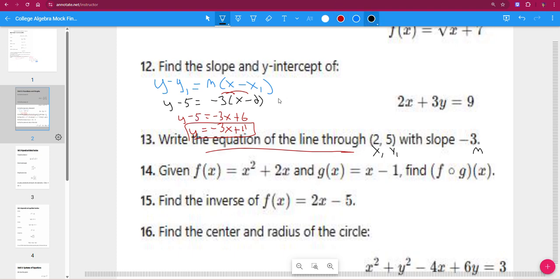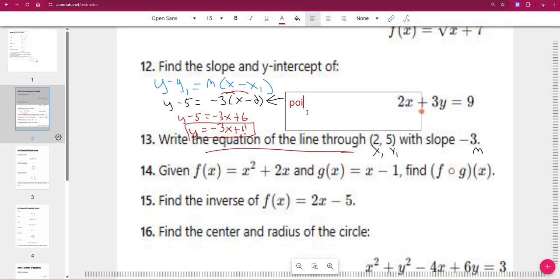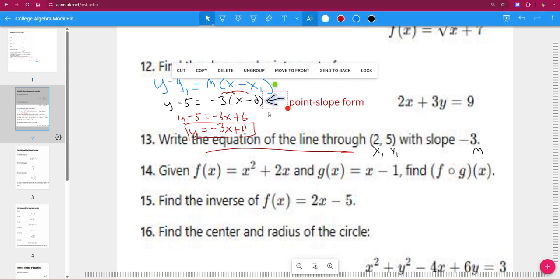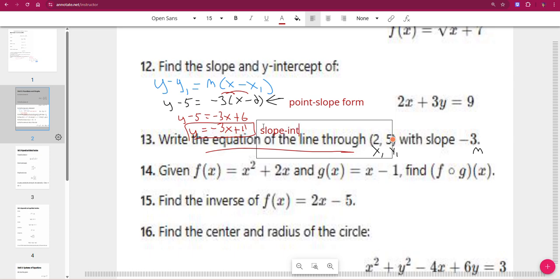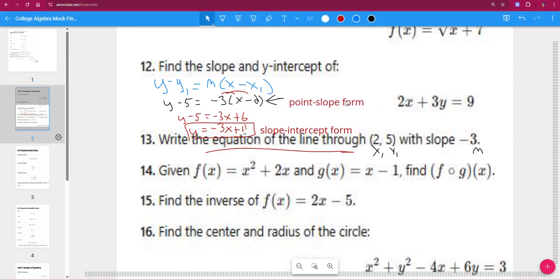So if it asks you on the test, remember this is your point slope form, and this down here is my slope-intercept form. You'll start with the point slope form and then solve it down to slope-intercept.